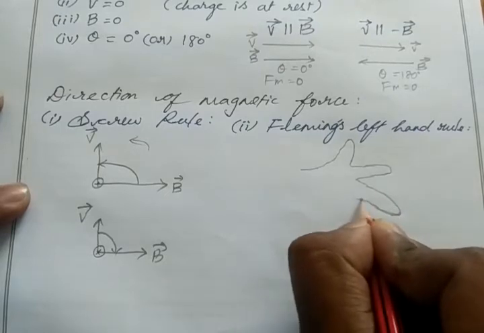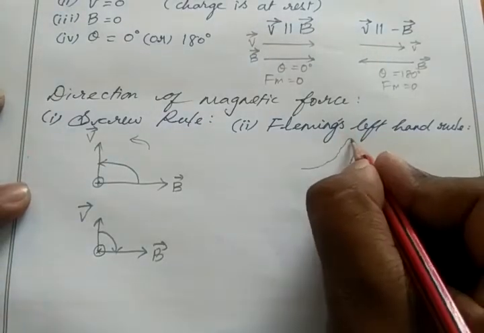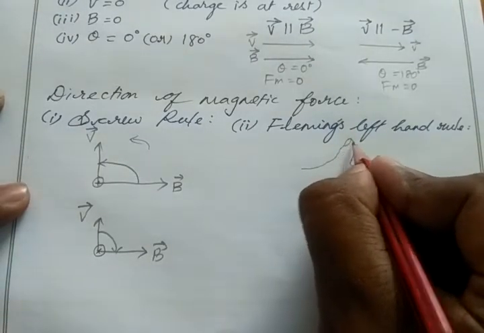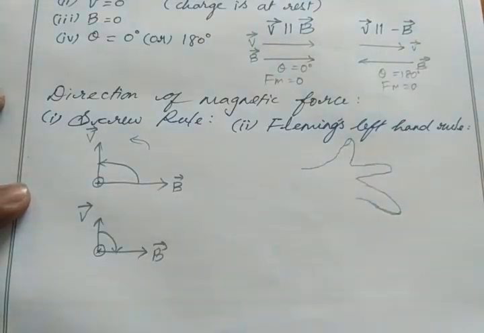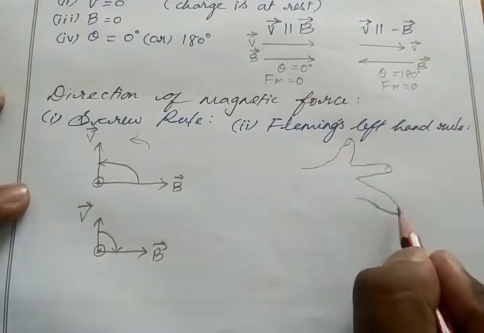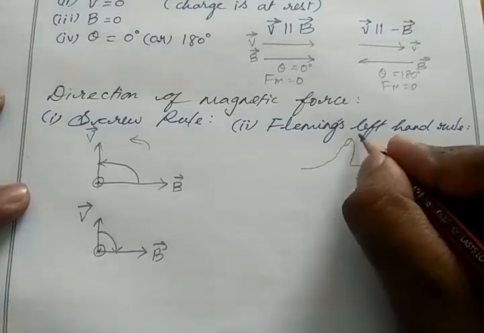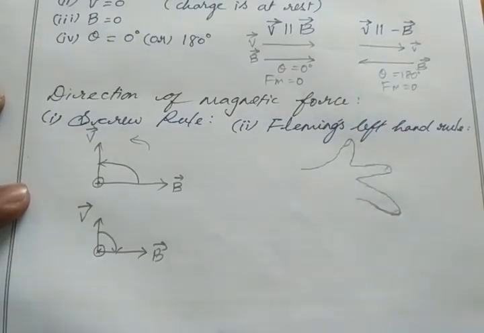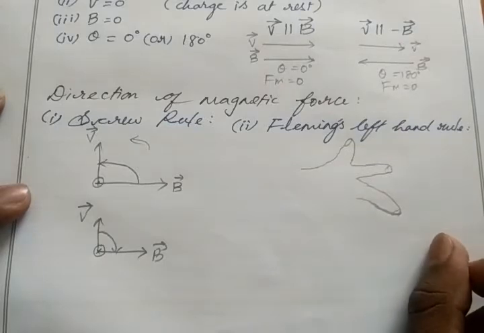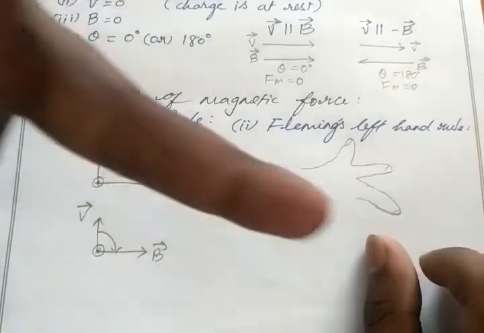Okay, mutually perpendicular with each other. So this is our thumb, forefinger, middle finger. Just imagine. So mutually perpendicular with each other. Okay. So this is my left hand.